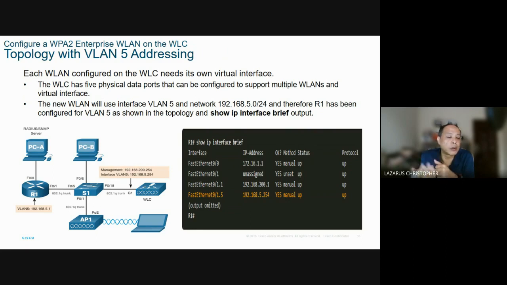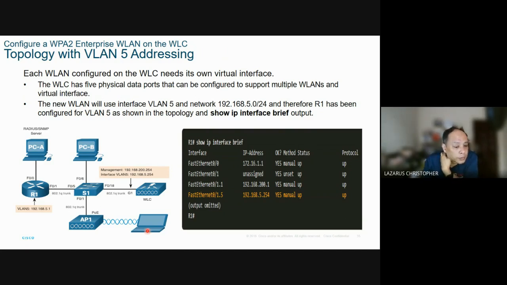The new wireless LAN will use an interface. This is the example here. The new wireless LAN will use the interface for VLAN 5, and this VLAN network address is 192.168.5.0/24. So that means router 1 is configured to recognize VLAN 5, right?